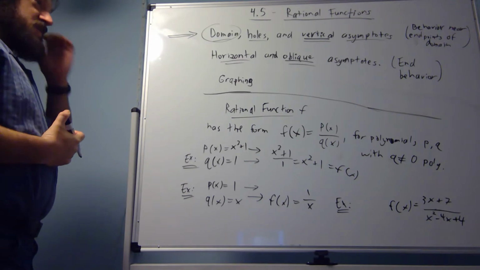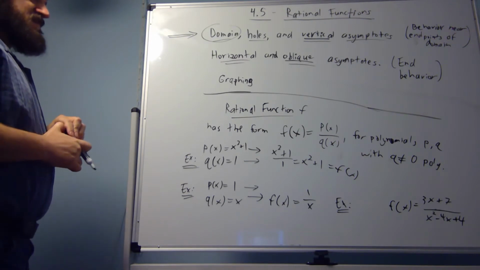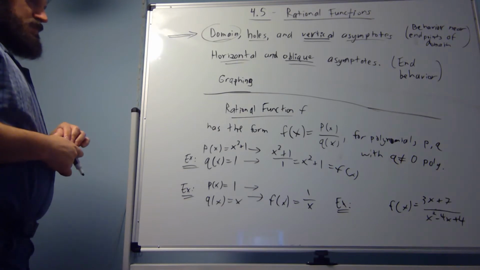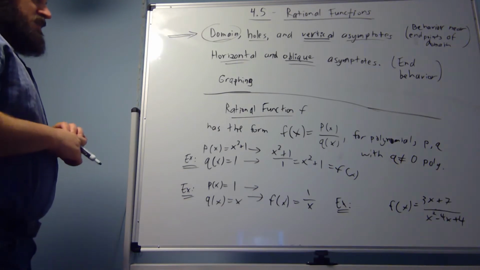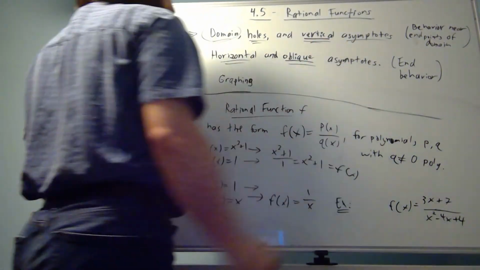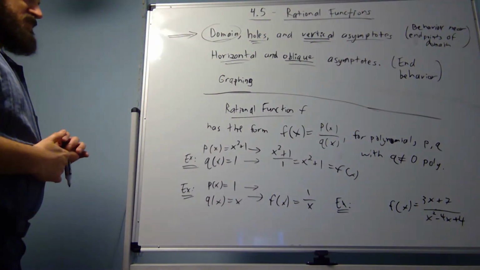So we want to understand domain. What happens when we're not in the domain? What happens nearby? I claim that for a rational function, it's going to be one of these two things. That's what this video is going to be about mostly.